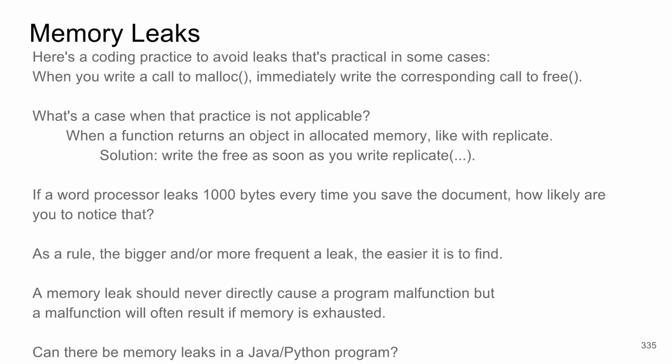Could there be memory leaks in a Java or Python program? Since you said garbage collector. Right. Java has garbage collection, right? Essentially garbage collection works by determining when an object's no longer in use, and then it frees up that memory. Python has different forms of automatic memory management, but there are similar things to garbage collection in Python as well.